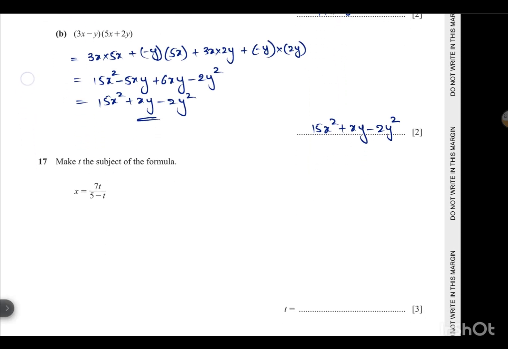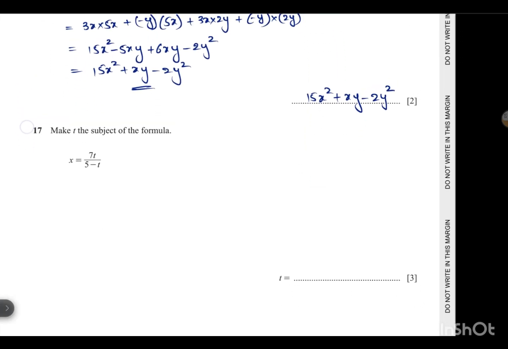Question number 17. Make t the subject of the formula x is equal to 7t by 5 minus t. So when t is on the right side, let it come to the left side. Flip the equation. Now cross multiply like this. So 7t is equal to x into 5 minus t. Put the bracket.